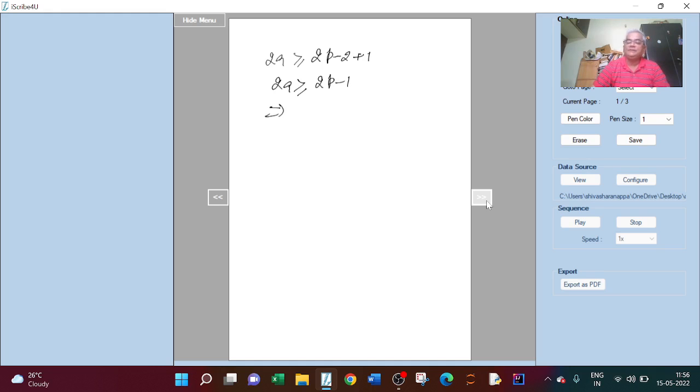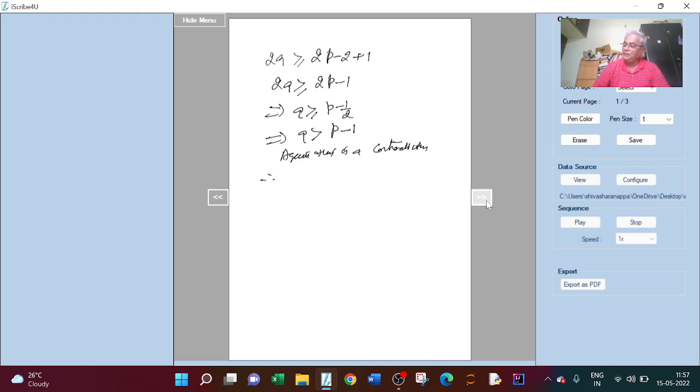Dividing throughout by 2, we get Q greater than or equal to P minus 1 by 2. Q greater than or equal to P minus 1/2 means Q must be greater than P minus 1. Again, this is a contradiction.